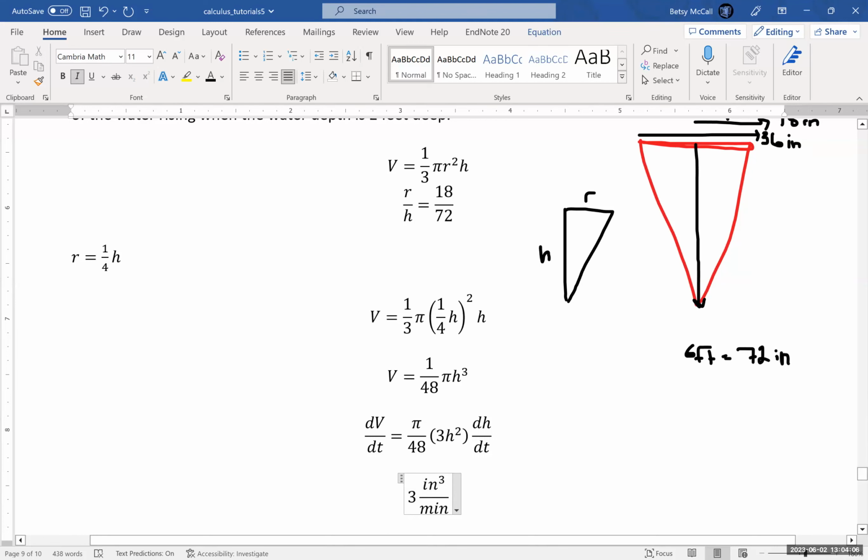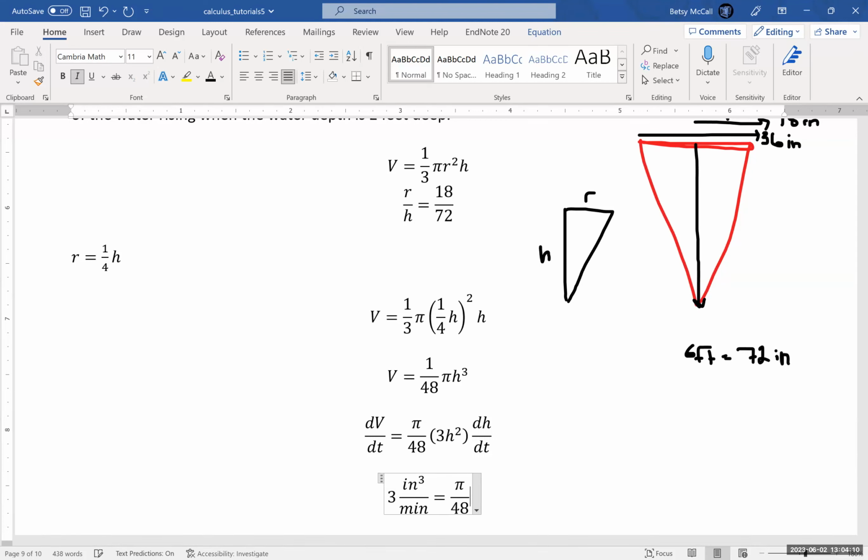Is equal to pi over 48 times 3 times 24 squared, because 2 feet is 24 inches, and then dH dt.